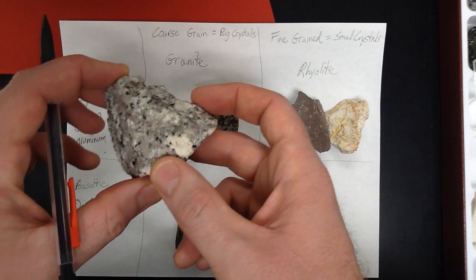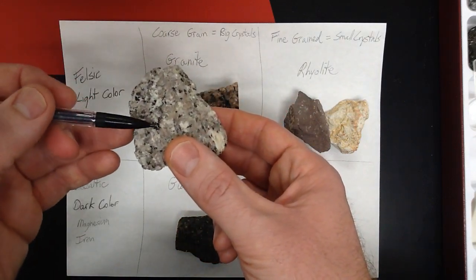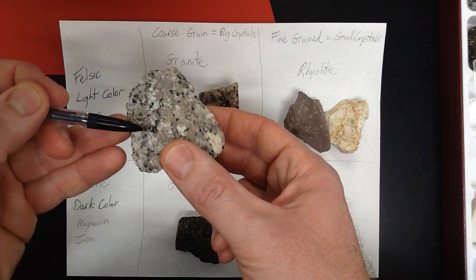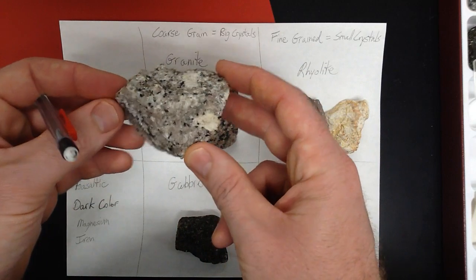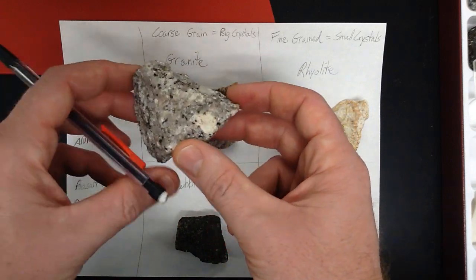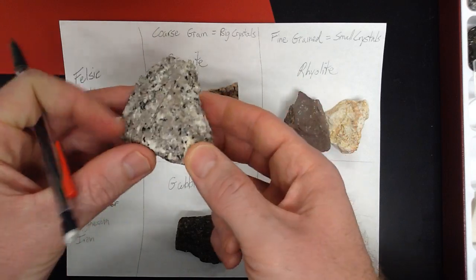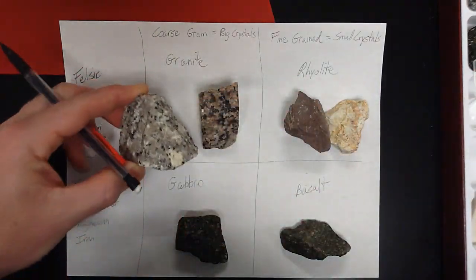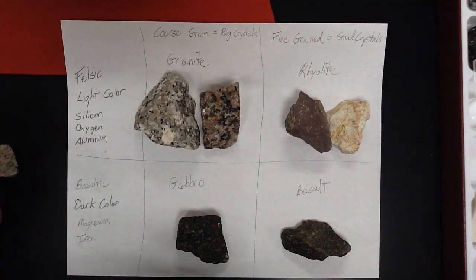Know that they kind of can take on any color. And then you have some dark flecks of what's possibly biotite, but probably an amphibole like hornblende. So this is a classic granite color, mostly light colored, some specks of dark color, but generally what we would consider on the chart as a light colored felsic rock.